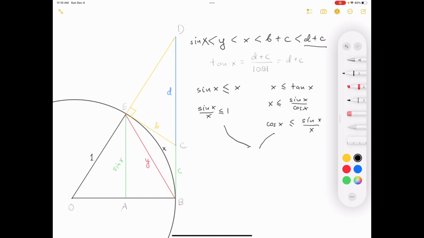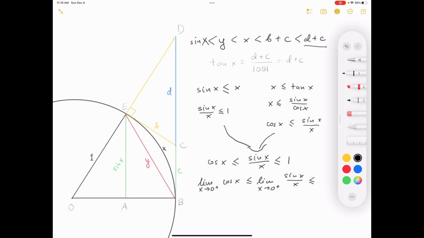So from these together, we are able to squeeze sine x over x in between two expressions. One of them is equal to 1, and the other one is equal to cosine x. Now, using the squeeze theorem, if we take limits as x approaches 0 from the right of all three terms, then the inequalities still stay valid. So we get the following.